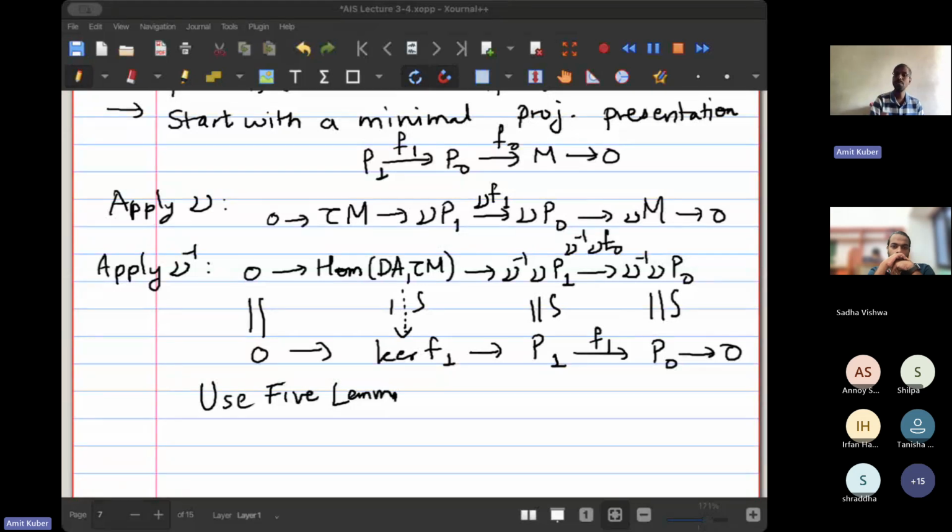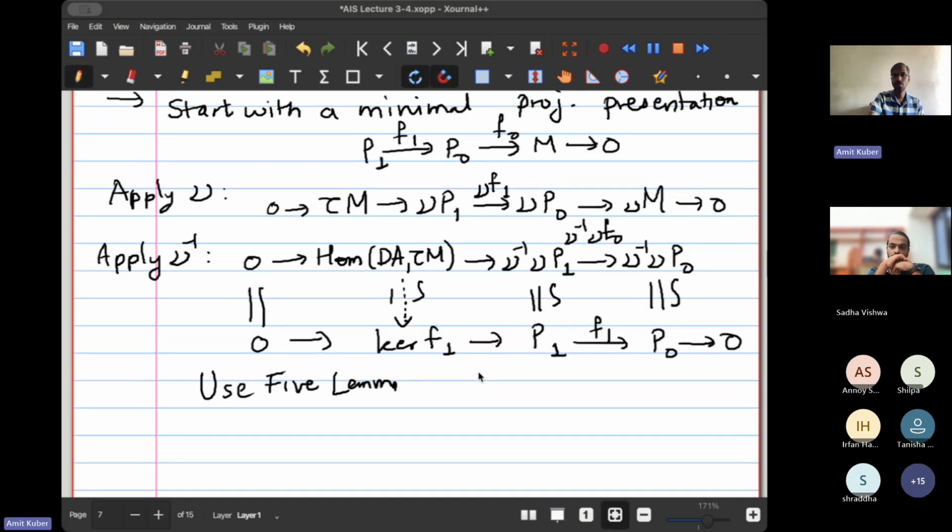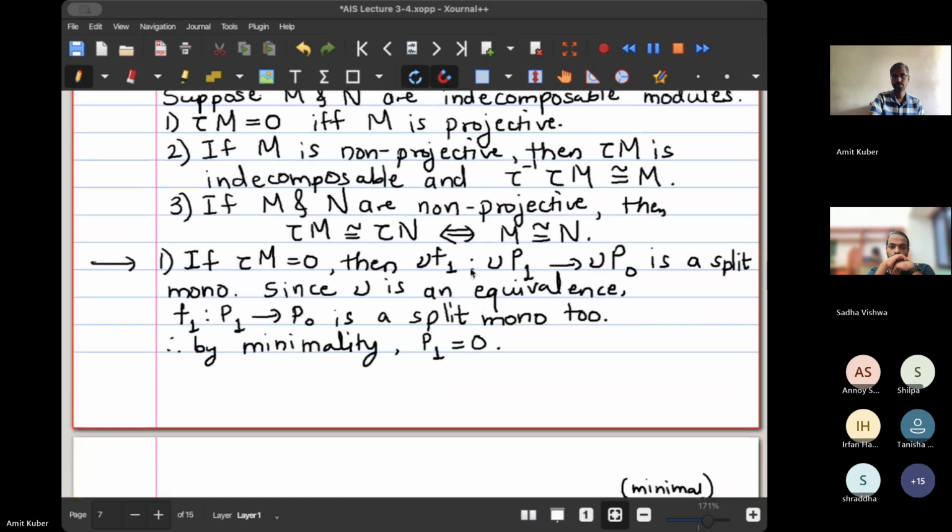An injective map between injective modules is always a split map, because the source of that map is injective. That is the definition of an injective module. So therefore, nu F1 is a split mono. But because nu is an equivalence, like a restricted equivalence, F1 is also split. And it is a split mono.